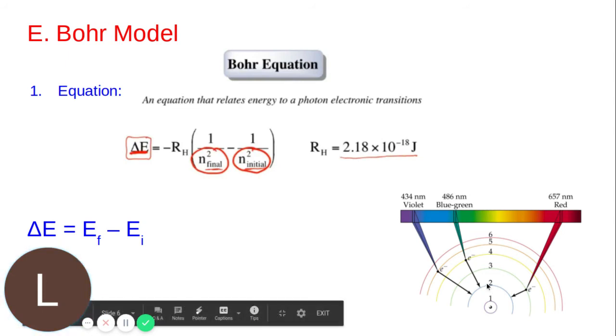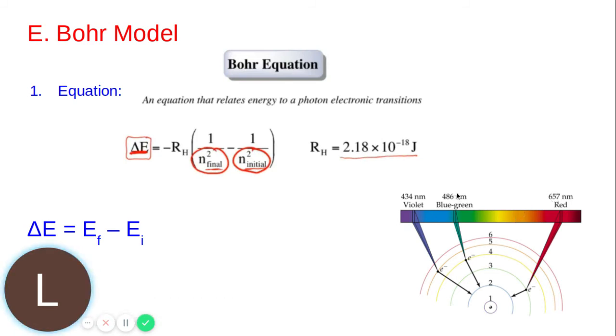If you saw a turquoisey color, you might pick right here and say, okay, that's about 486 nanometers. Maybe you see this orangish color, and you know that that's 657 and that's 486. So maybe this right here is like 590. That's what you would estimate if you saw an orangey color.